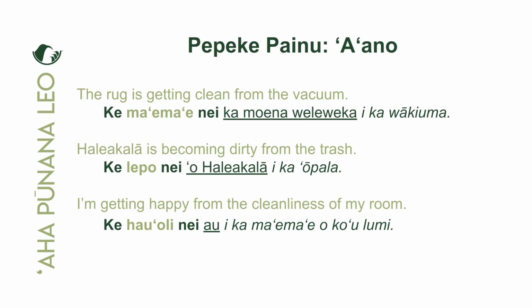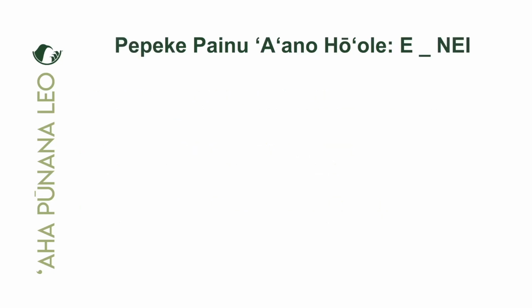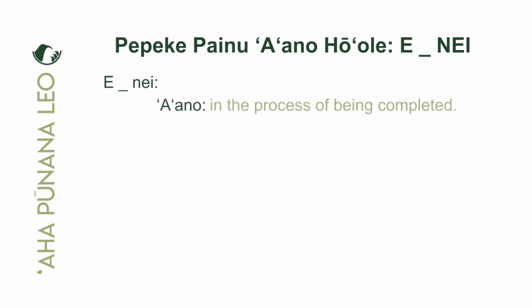Now let's take a look at how to negate with the pepeke painu, with the māka painu kine using ʻaʻano verbs. Pepeke painu ʻaʻano hōʻole nei. Again, ʻaʻano is in the process of being completed. Keep that in mind. First let's take a look at the sentence in the positive form.